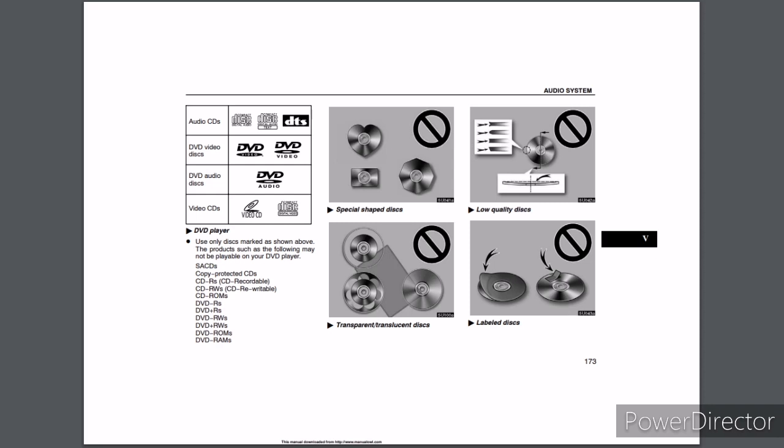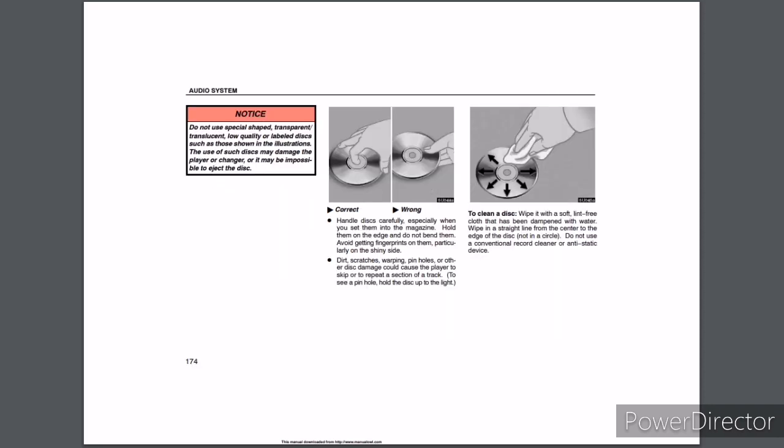Special shaped discs. Transparent/translucent discs. Low quality discs. Labeled discs. Notice. Do not use special shaped, transparent/translucent, low quality or labeled discs such as those shown in the illustrations. The use of such discs may damage the player or changer, or it may be impossible to eject the disc.